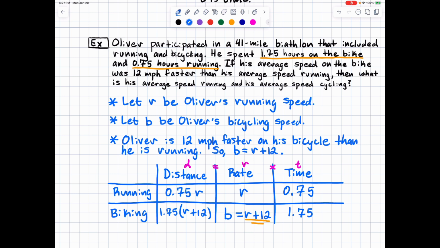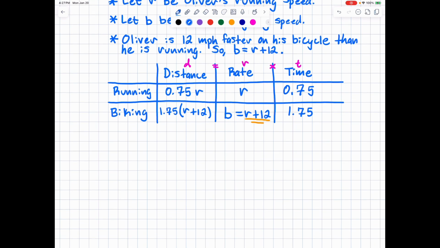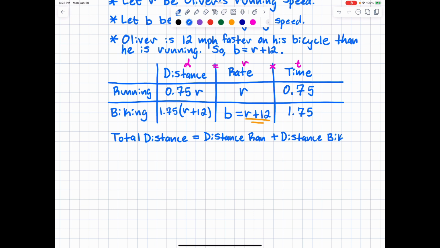Okay? So now let's think about it now that we've organized our information here. The total distance of the biathlon is going to equal our distance ran, the distance we spent running, plus our distance biked, right?